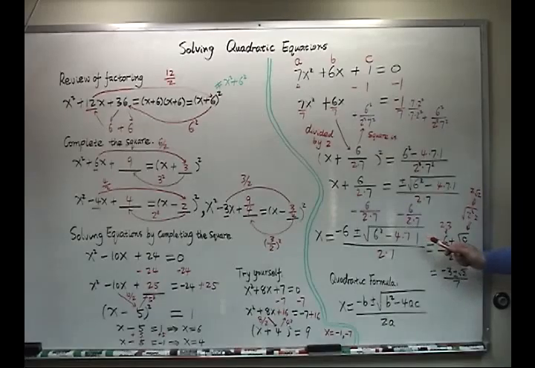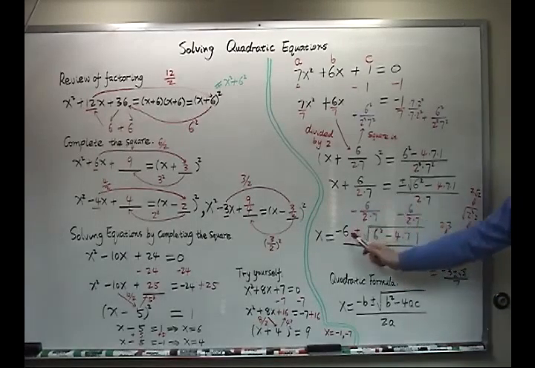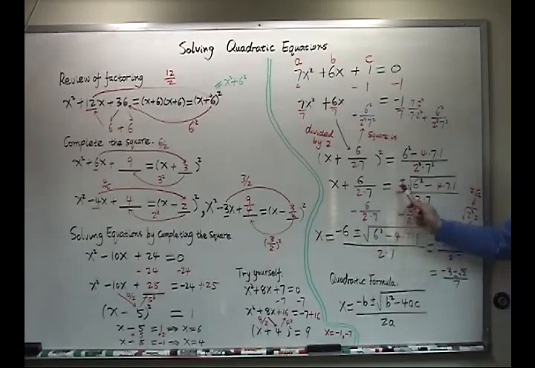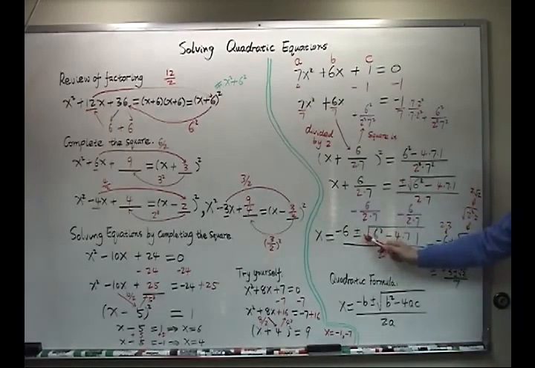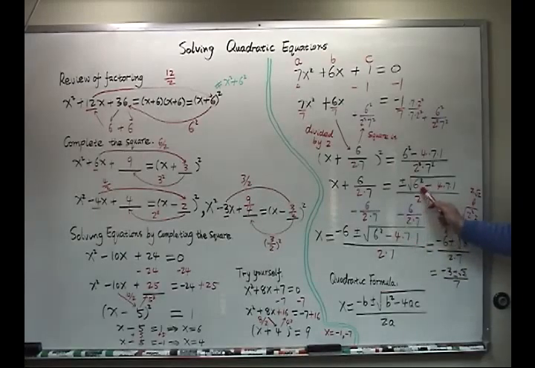So then we have what? Denominators are the same, 2 times 7, so we leave it. And then negative 6, we put it right here. Plus or minus, inside the square root, the quantity is 6 squared minus 4 times 7 times 1.